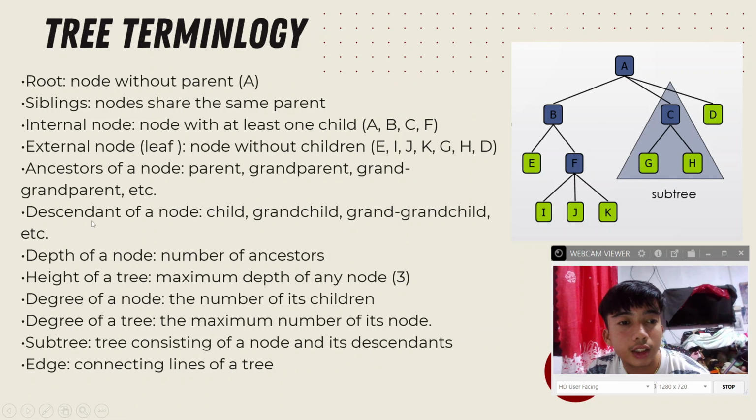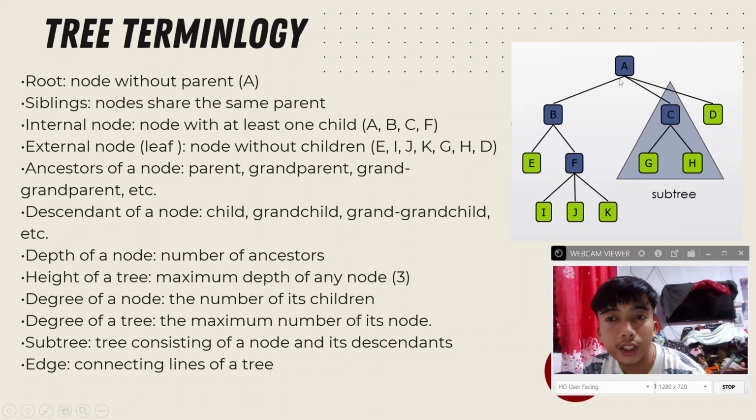While the descendants of a node are the child, grandchild, and so on. Let's take letter A, for example. Its child is letter B, its grandchild is letter F, and its great-grandchildren are I, J, and K.